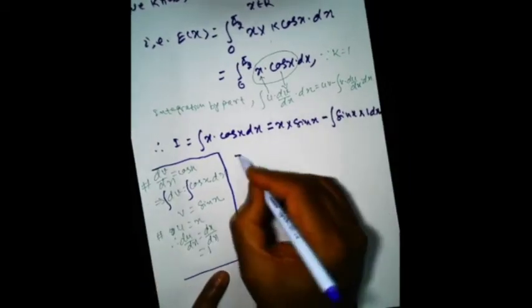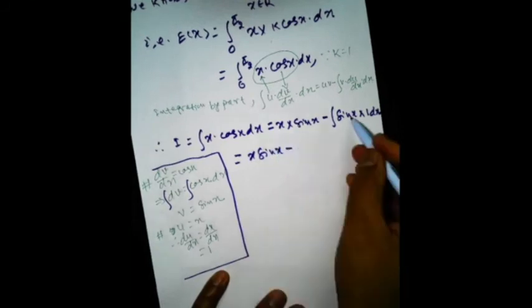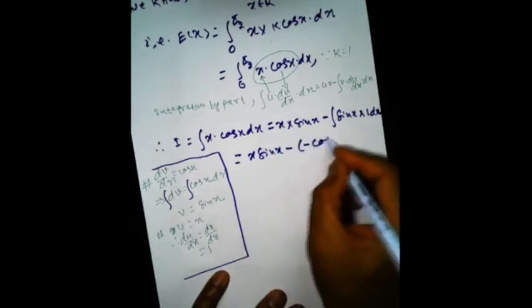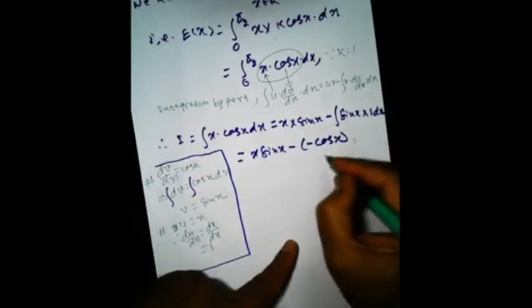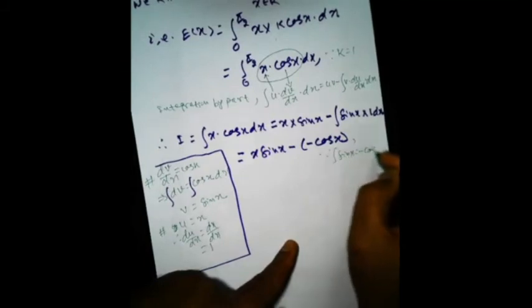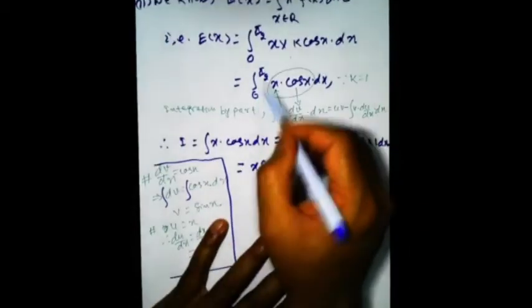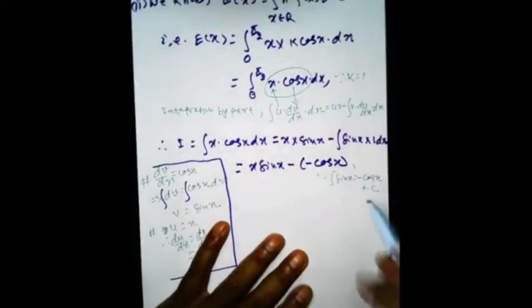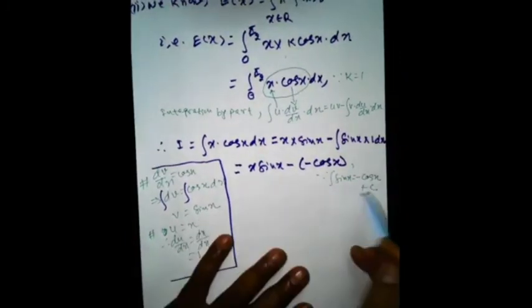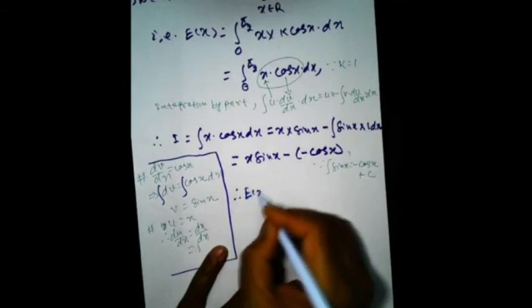If you continue from here, it is x sin x minus, and the integration of sin x is minus cos x. A constant term would be added, but as we have a definite integral, you don't need to write the constant term because there is no use for it.